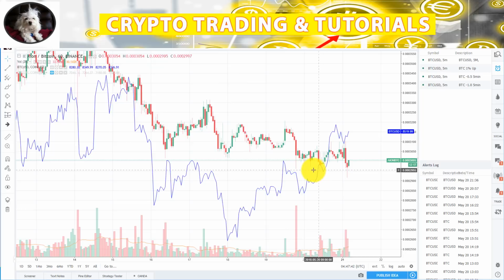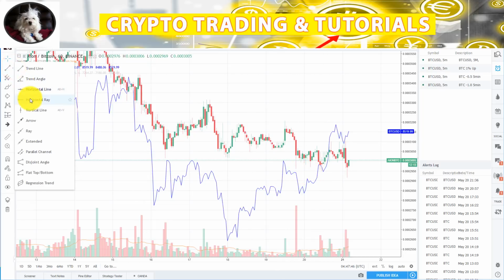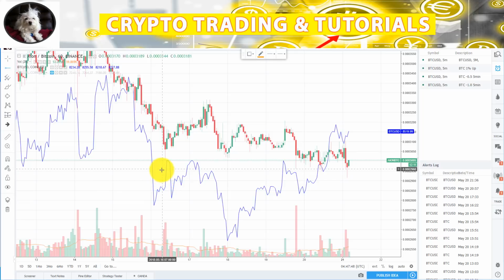The concept of support and resistance is that, if I draw here on the chart, because price has been rejected here and it's bounced from that, this is now a support area, okay?